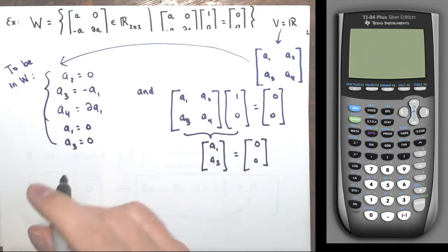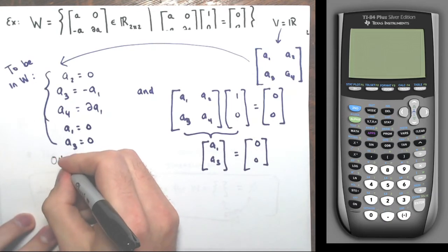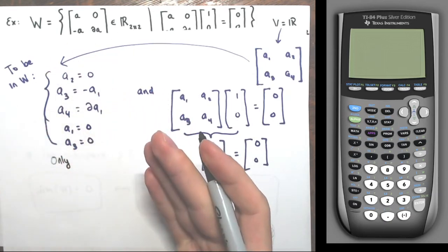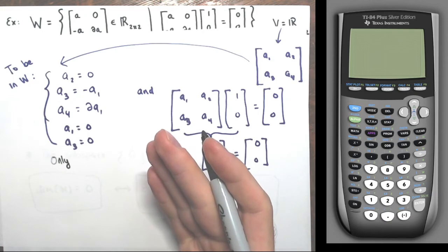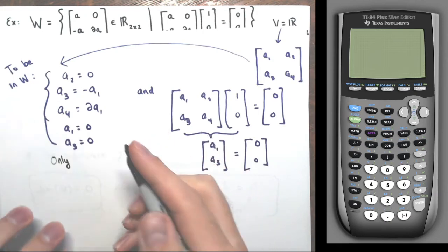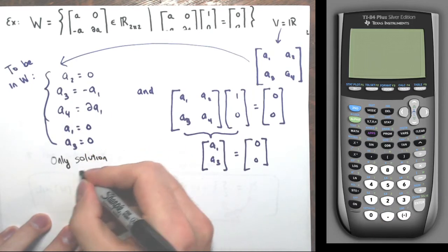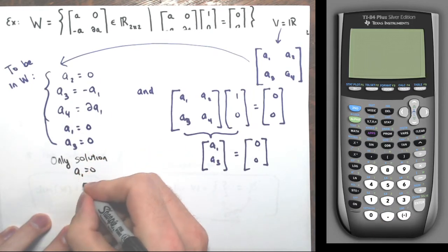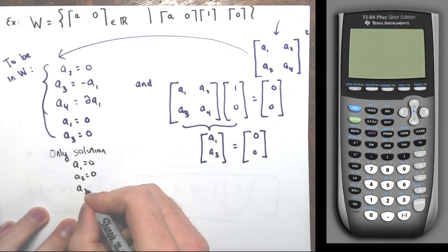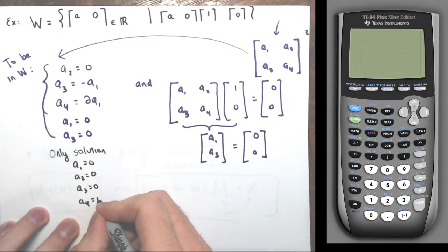There are no free variables, right? Only solution. I could write a matrix for this, but it'd be really silly. But it's obvious, this one. The only solution to this system is A1 equals 0, A2 must be equal to 0, A3 must be equal to 0, and A4 must be equal to 0.